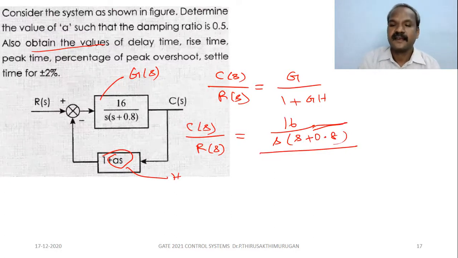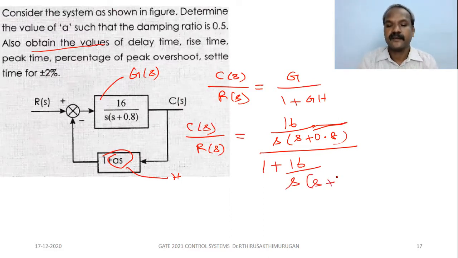Okay, we can directly substitute the values: 16 divided by S into S plus 0.8, into 1 plus AS.